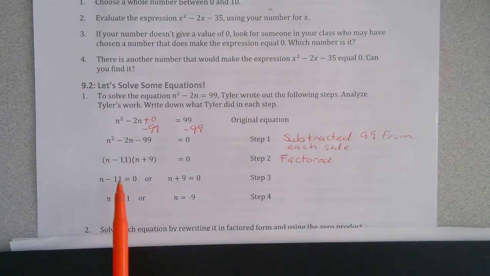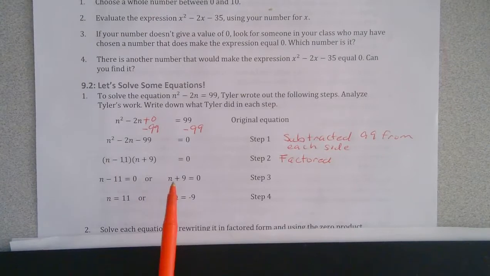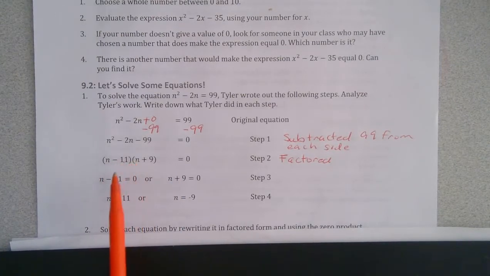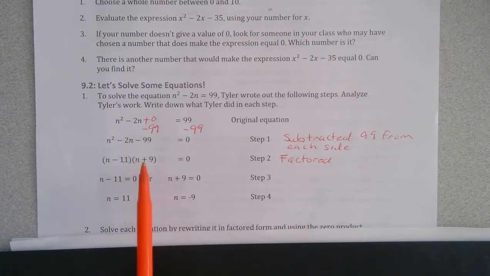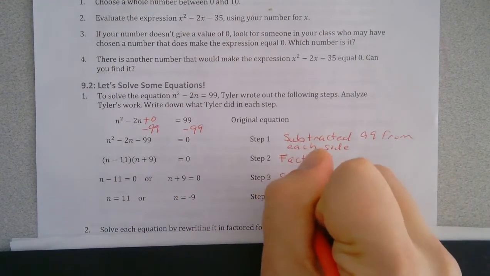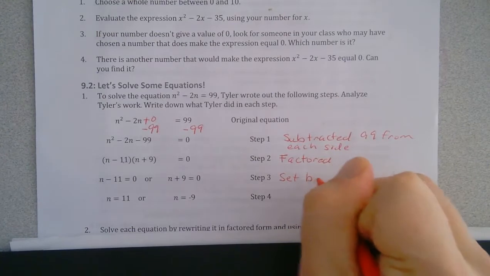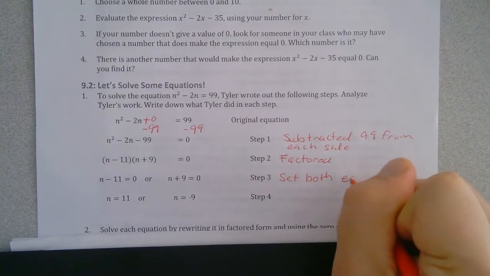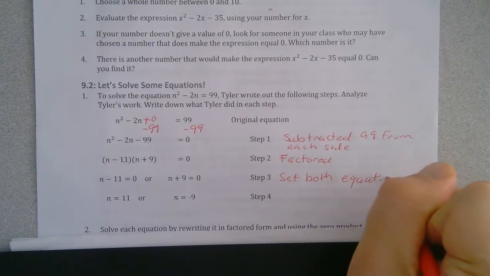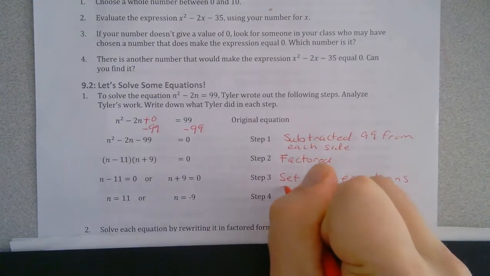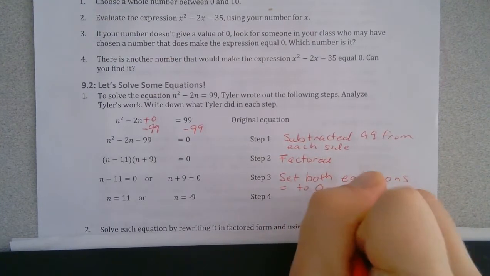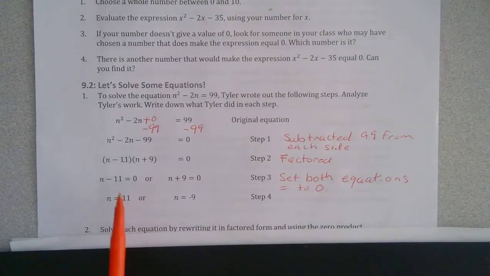Then here, he set both equations equal to 0, so n minus 11 equals 0, and n plus 9 equals 0. Then it looks like he added 11 to both sides and then subtracted 9 from both sides and solved.